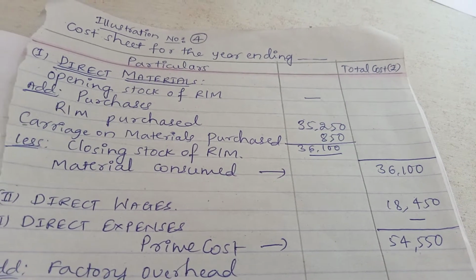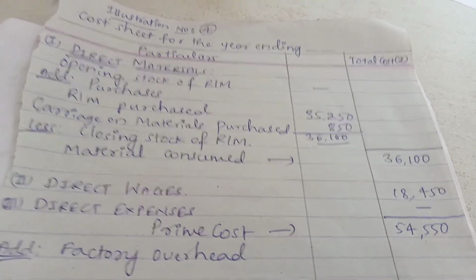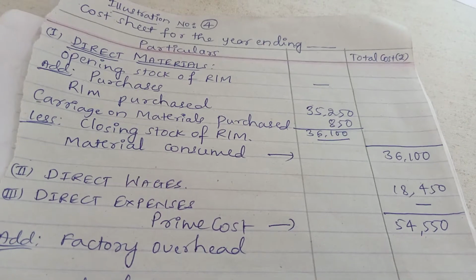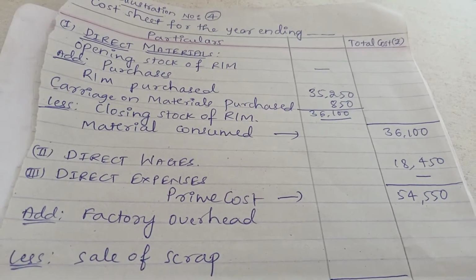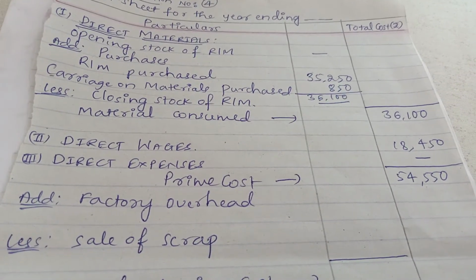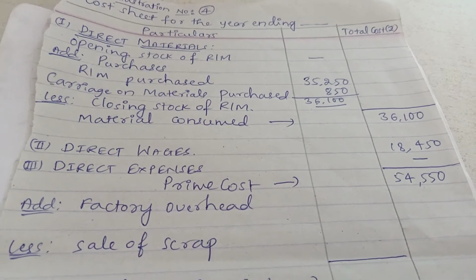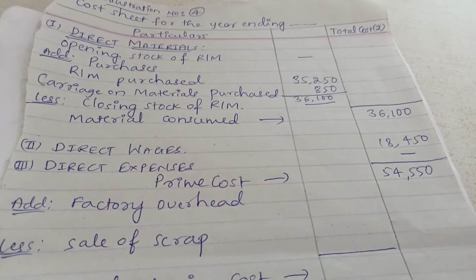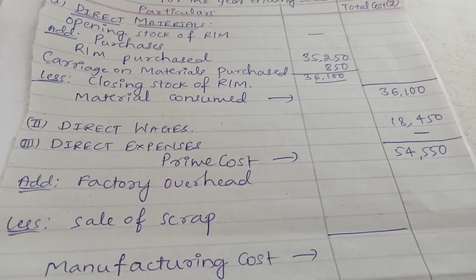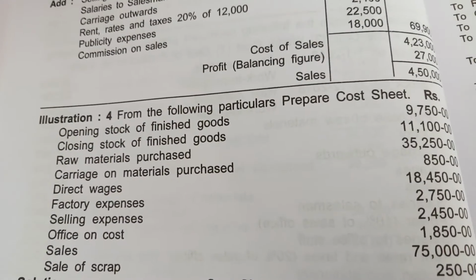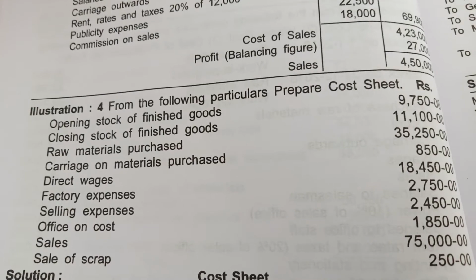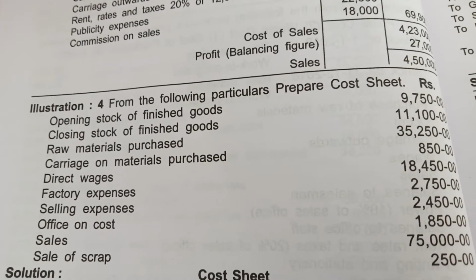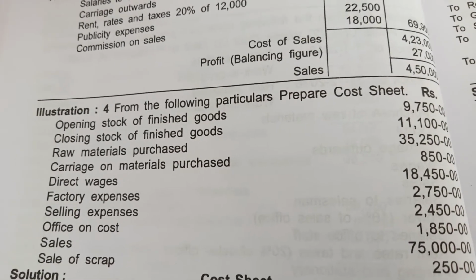When we add direct material, direct wages and direct expenses, that gives us the amount of the prime cost. To this we add the factory overhead, and internally we deduct the sale of scrap. So let us search for factory overhead as well as the sale of scrap. What is the amount of factory overhead? It is 2750.